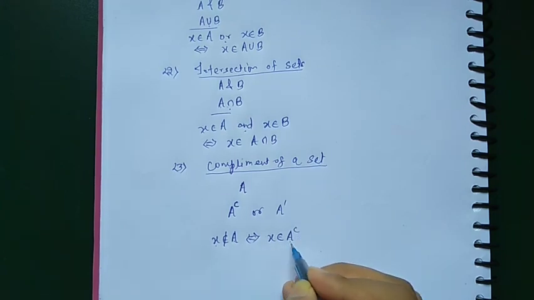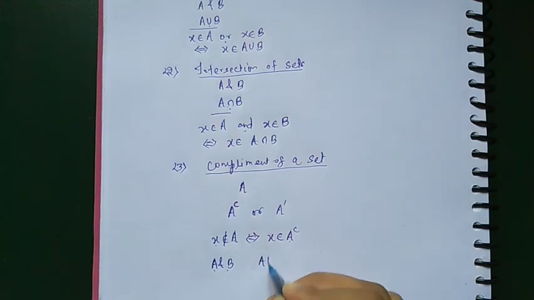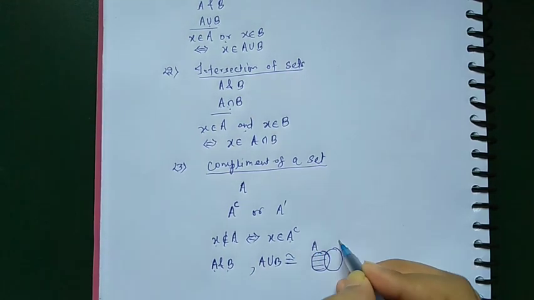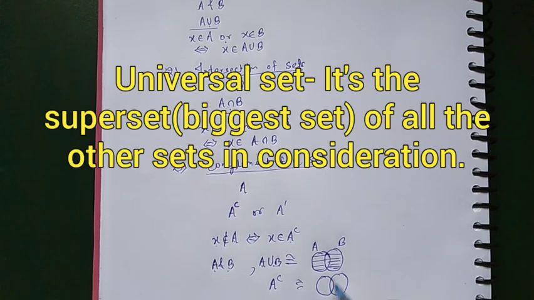We can easily understand if we take two sets here, say A and B, then A union B can be represented by the Venn diagram like this. This is set A, this is set B. Then if we consider the universal set as A union B here, then the A complement can be represented by the Venn diagram in the universal set of A union B like this.